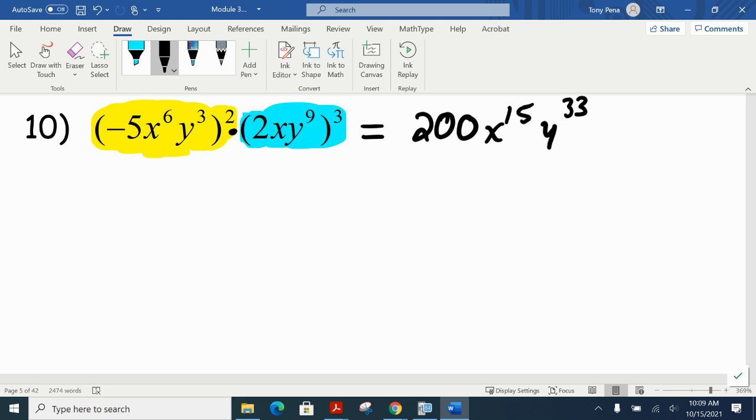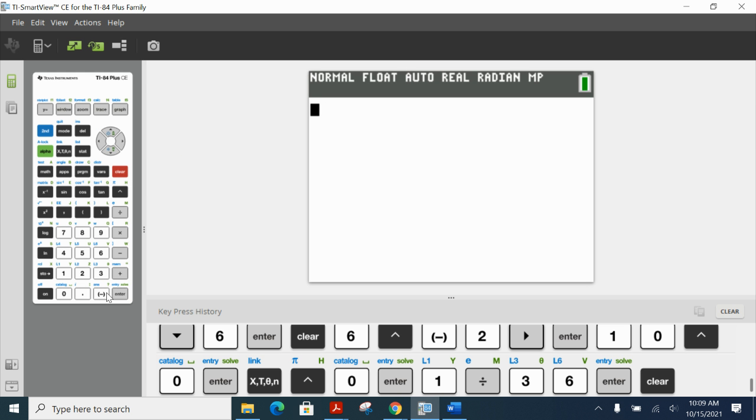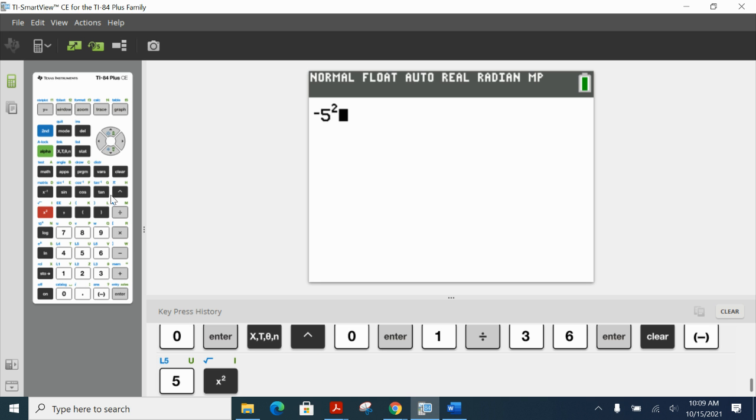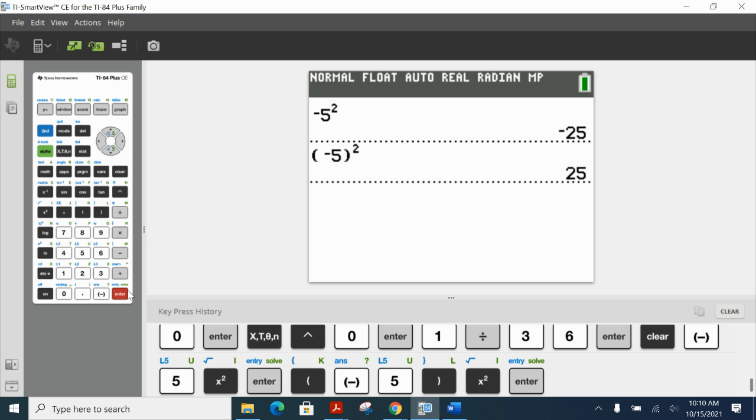All right. First things first, let's be clear about one thing, and I'll show it on the calculator. There is a big difference between -5 squared without parentheses, which gives you -25, and a -5 within parentheses that gets squared. Two completely different answers.